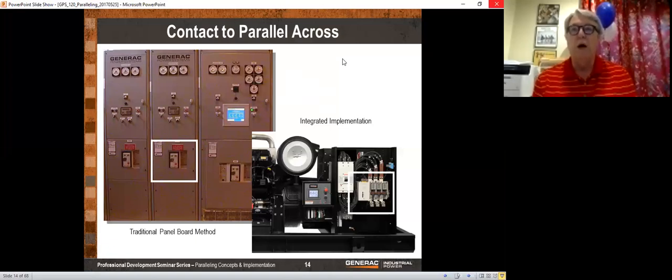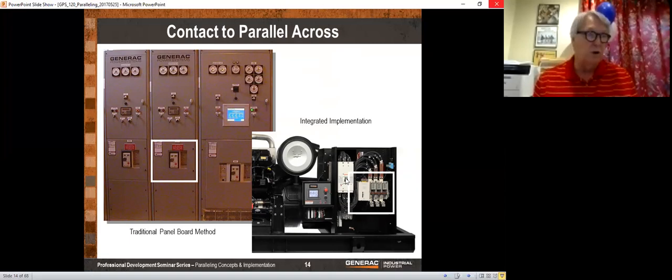But there's a new way of paralleling generators called the integrated approach. In the integrated approach, we're taking advantage of the fact that microprocessors are much more capable these days than they were in prior decades. And so we're going to go ahead and put that paralleling contact right on the generator. So you can see there on the right, there's our paralleling contact.